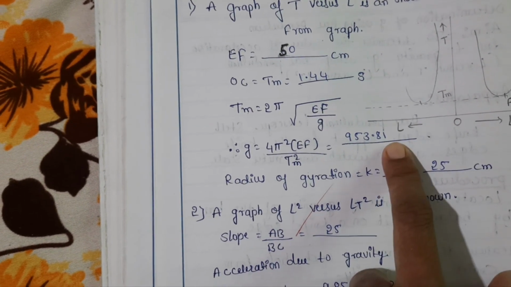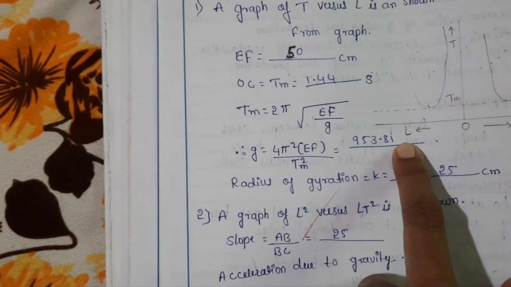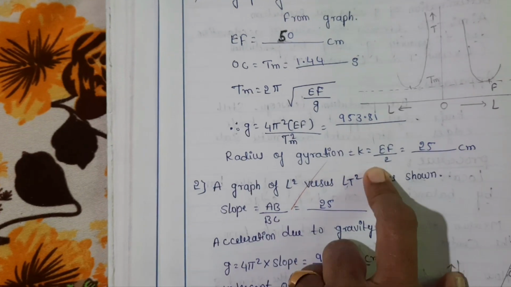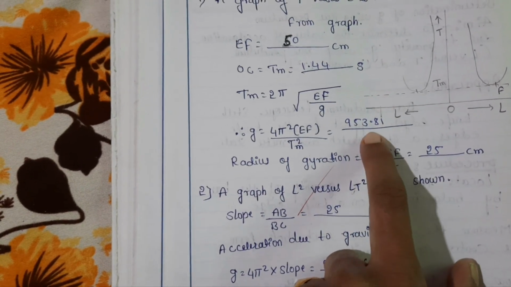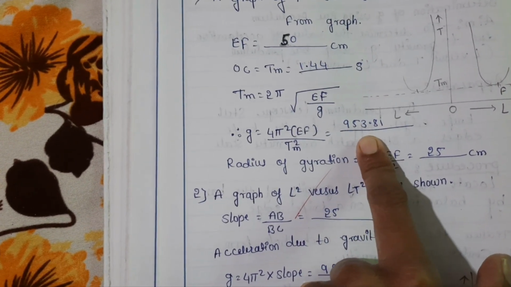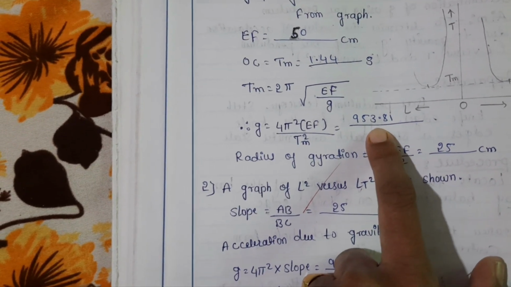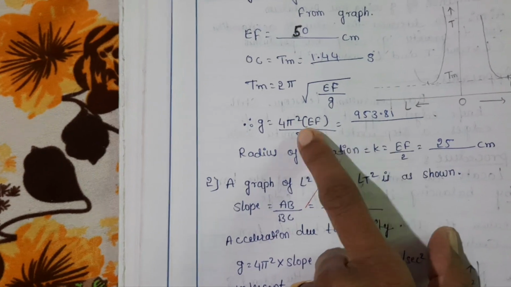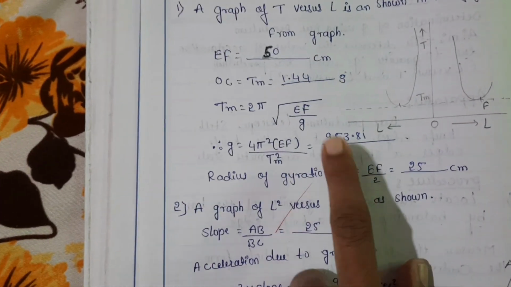You can convert it to meter per second square. Then it is 9.53, which is near the standard value. 9.8 meter per second square is the acceleration due to gravity. So this is near, and this value is correct from this experiment.